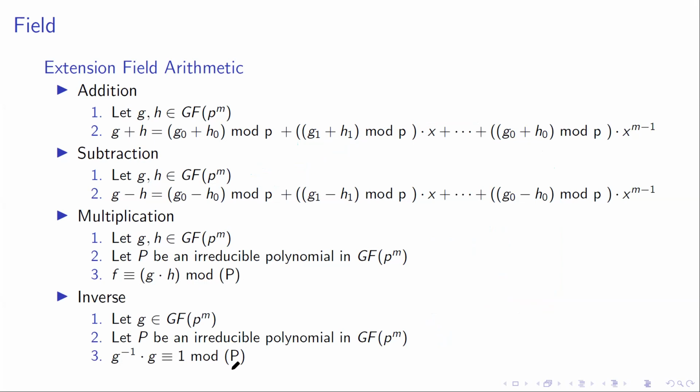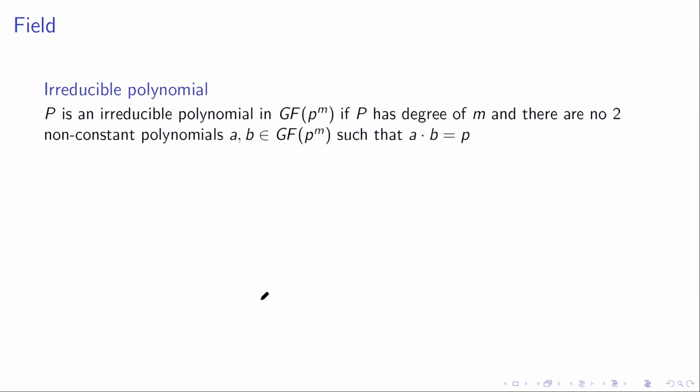So the inverse can also be found by using the irreducible polynomial. And what is an irreducible polynomial? P is an irreducible polynomial in this field if P has a degree of m and there are no 2 non-constant polynomials A and B such that A times B is equal to P.